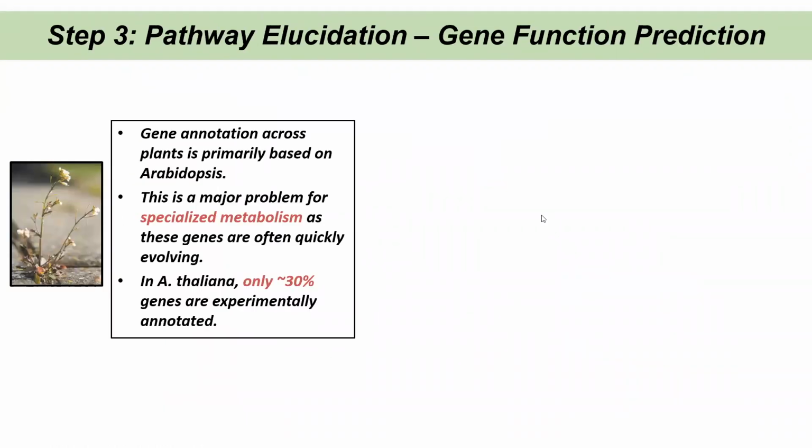And so the last bit of background I want to talk about is the pathway elucidation bottleneck. The main culprit here is actually the bottleneck of function prediction. Within plants, at least, gene annotation across plants is primarily based on the annotated function of the gene in Arabidopsis, which is probably the best studied plant on Earth.